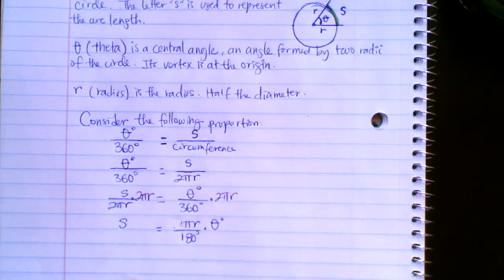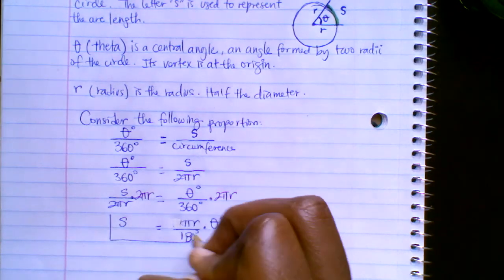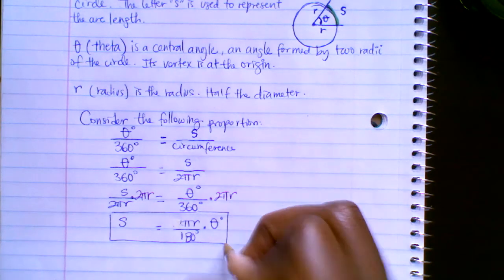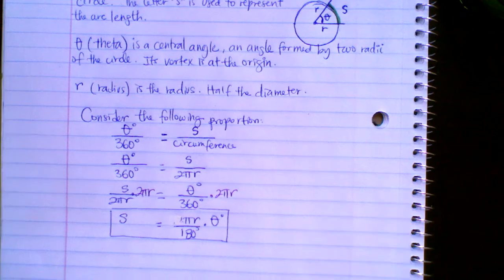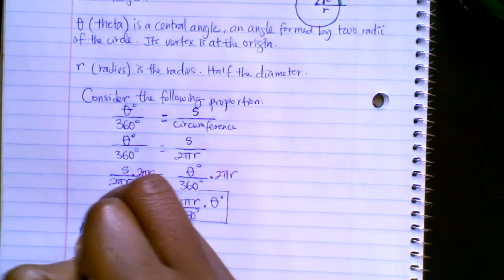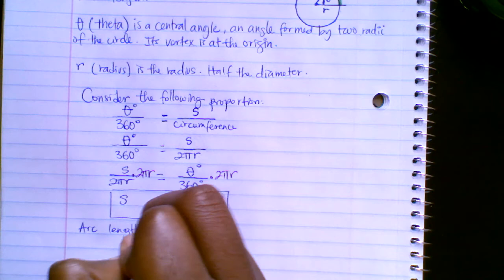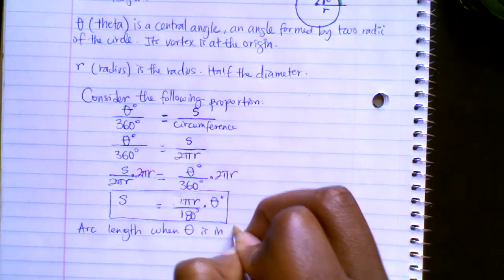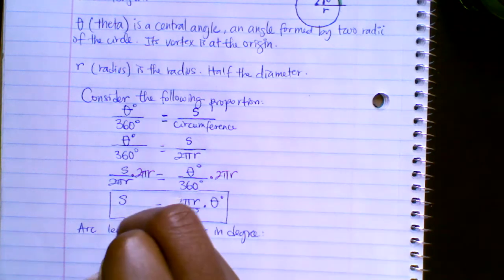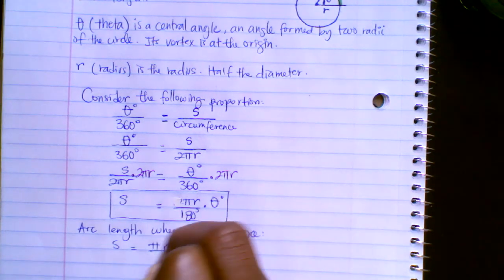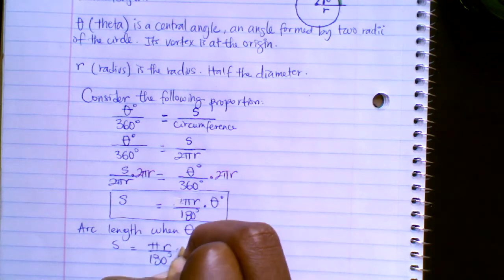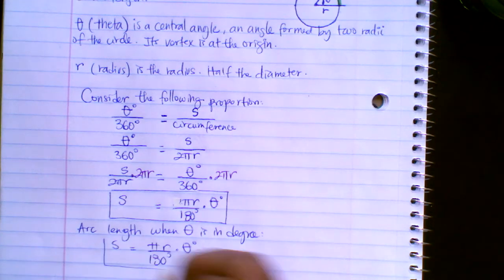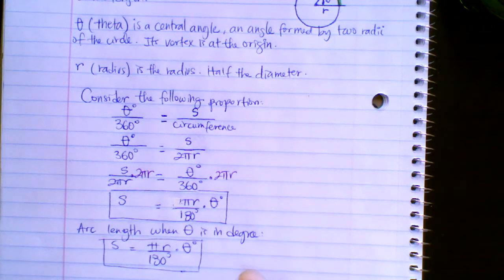So this is the formula for the arc length when theta is in degrees: S equals pi r over 180 degrees times theta in degrees. So we derived the formula for the arc length.